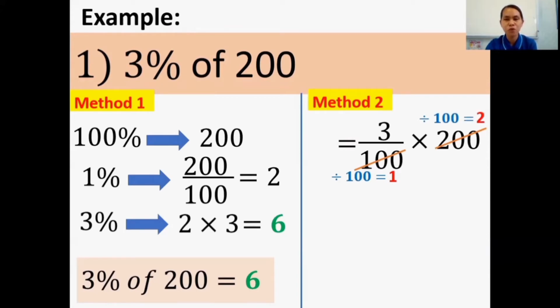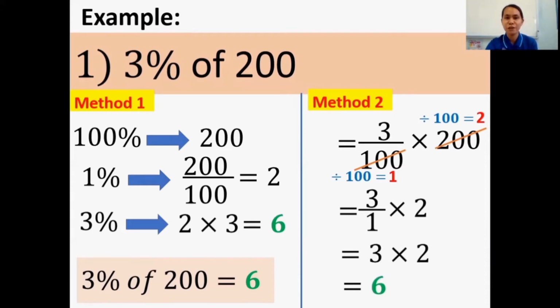So the remaining numbers are 3 over 1 times 2, which is 3 times 2, equal to 6. Again, 3% of 200 is equal to 6.